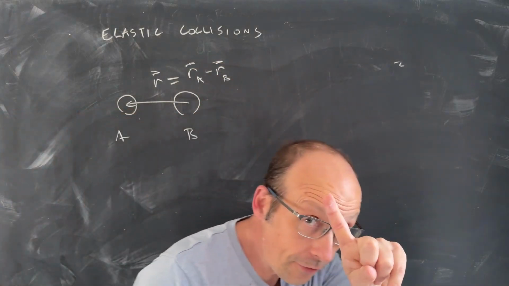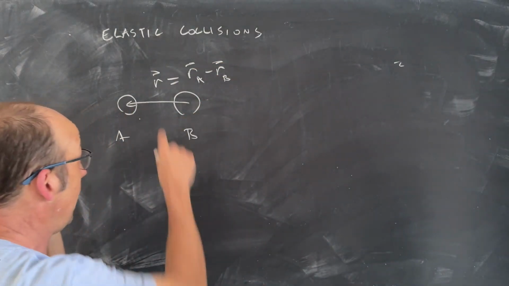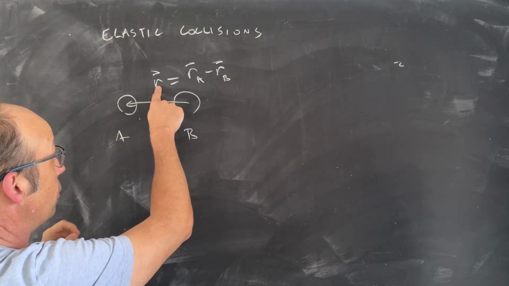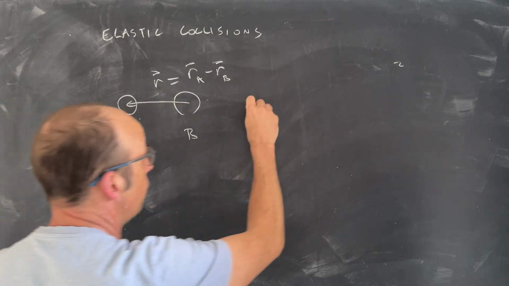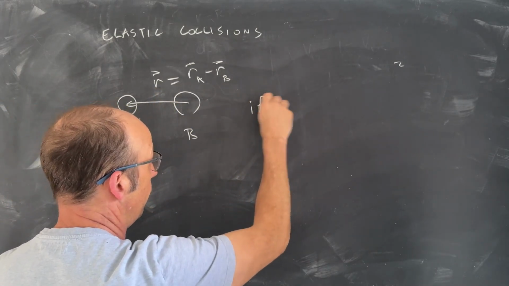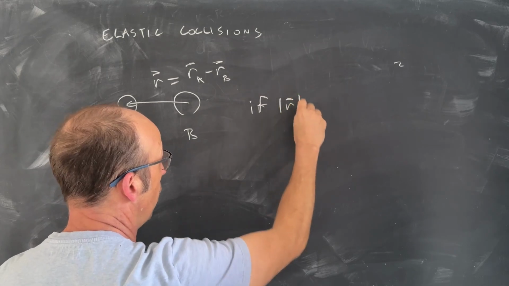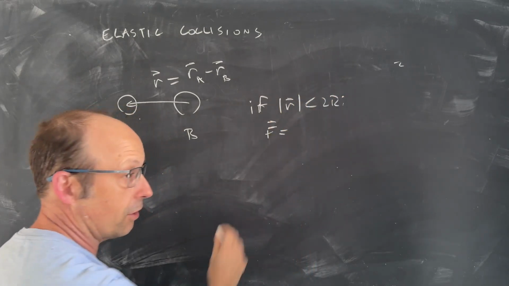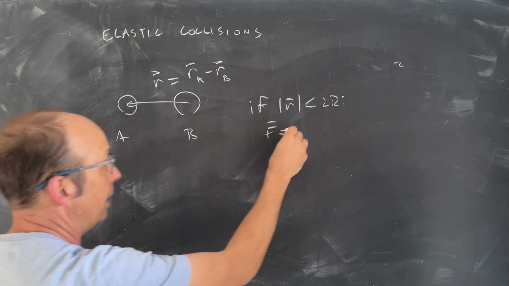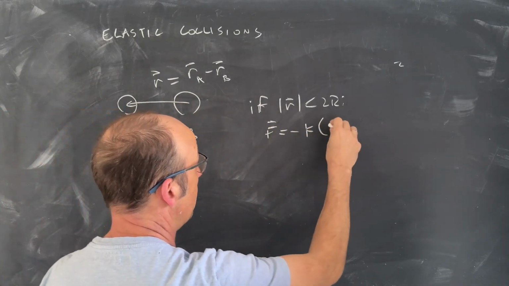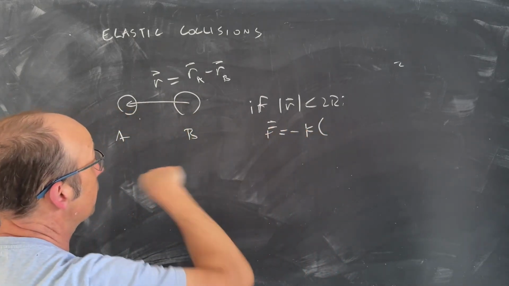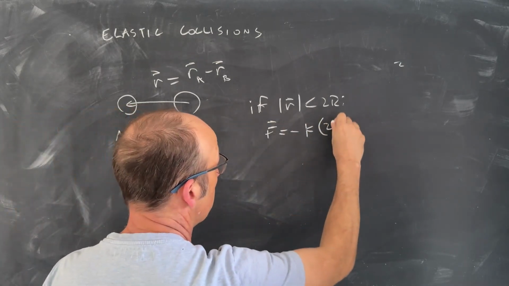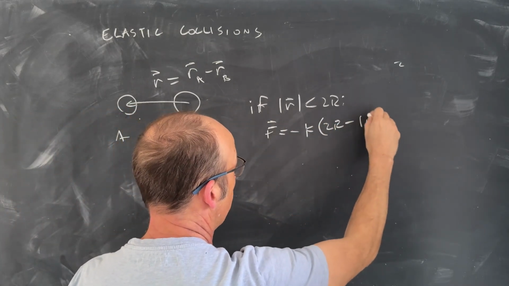Now, if the magnitude of that vector, the magnitude of r, is less than 2R, that's the if, then I'm going to calculate a force on this as negative k times (2R minus the magnitude of r).